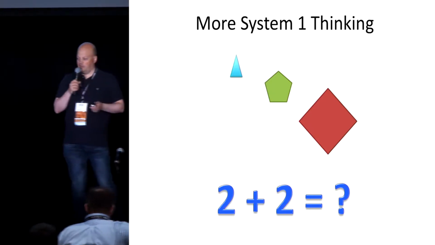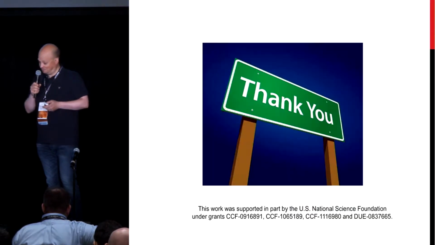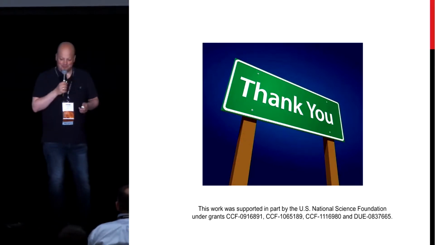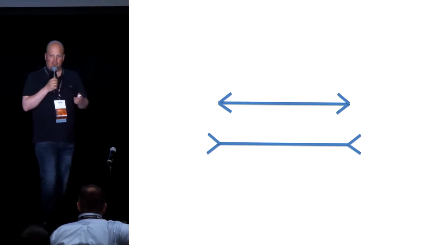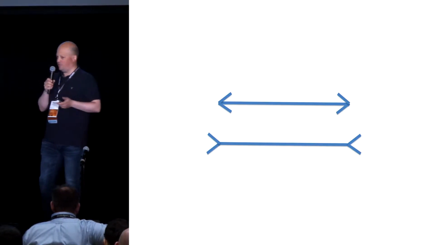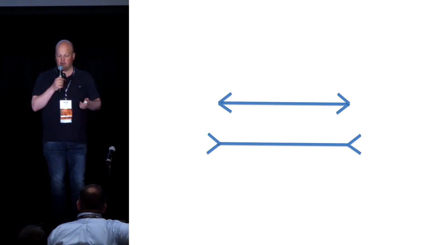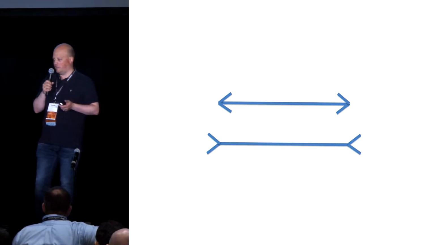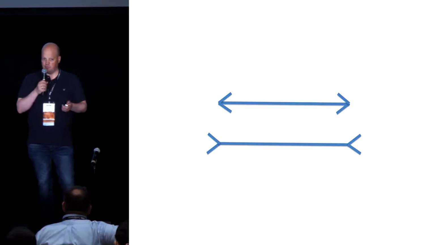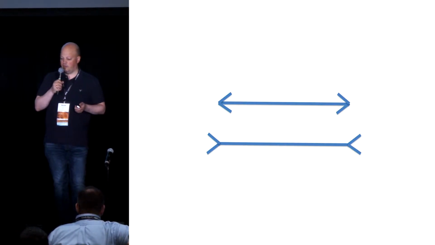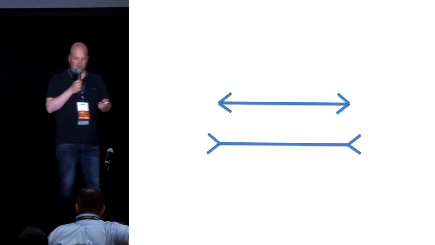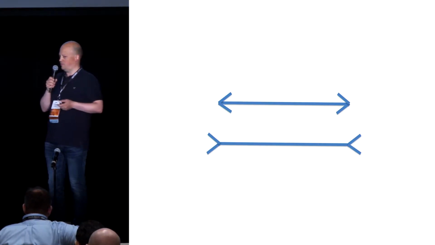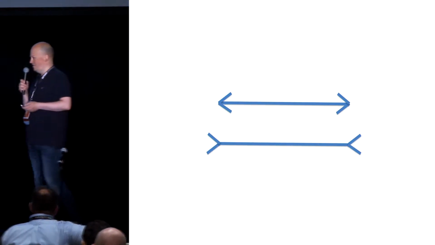And this is the beauty of the systems thinking of Kahneman. If I were to ask you which of these two arrows is longer than the other, your System 1 thinking would say that the bottom one is longer. But if you really analyzed it using your System 2 thinking, you would see that they are actually equally long. And maybe I'm mixing up my System 1s and System 2s, but who cares?